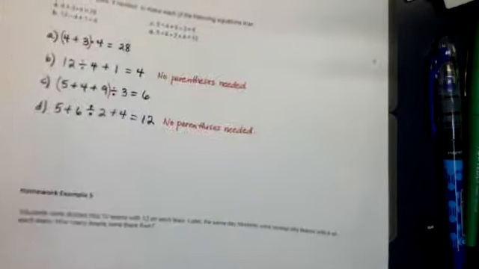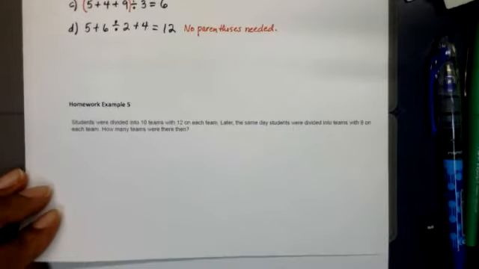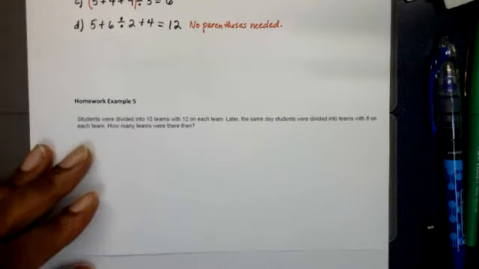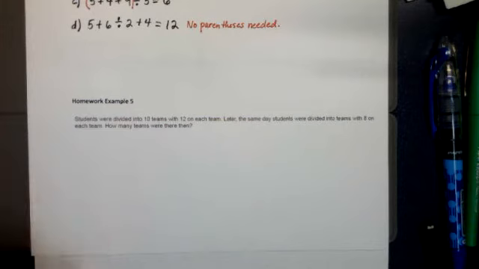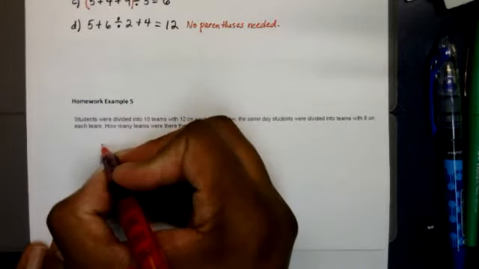All right, let's look at another homework example here. Students were divided into 10 teams with 12 on each team. Later the same day, students were divided into teams with 8 on each team. How many teams were there then? Okay, 10 teams with 12 on each team.